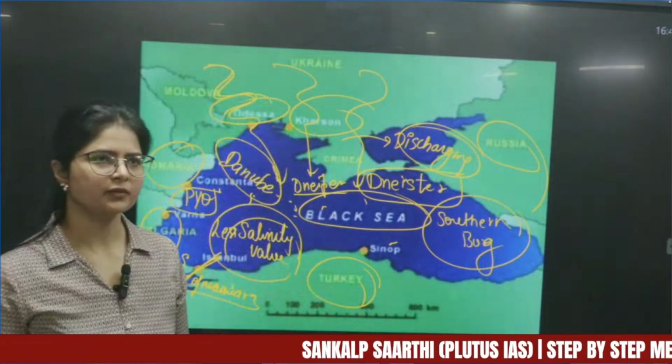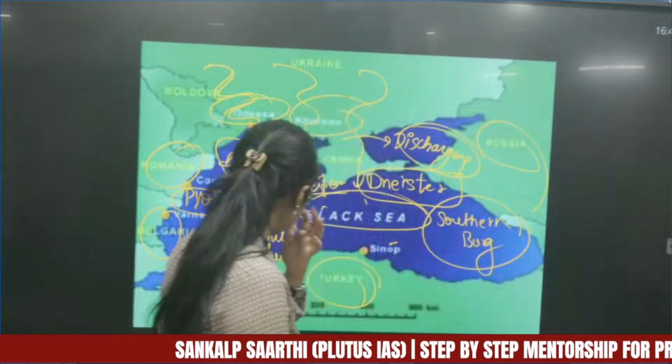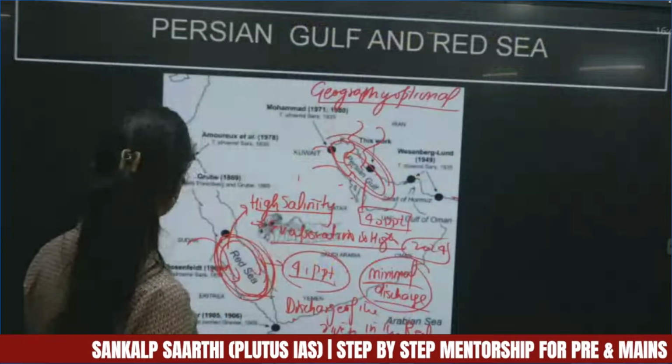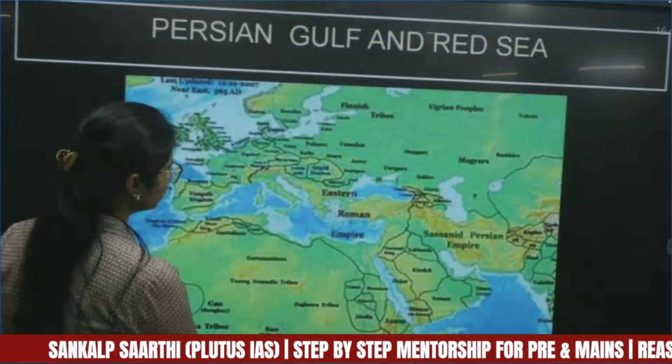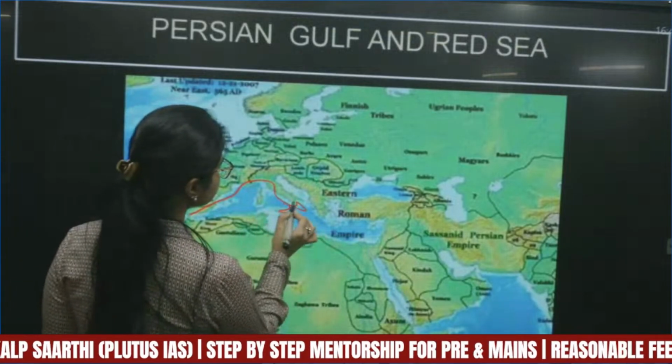Okay, this is another example. Now, the next example that I'm going to take is of the Mediterranean Sea, although I had a brief discussion about that. But let's take that example again. This is the Mediterranean Sea. Can you see how enclosed it is?